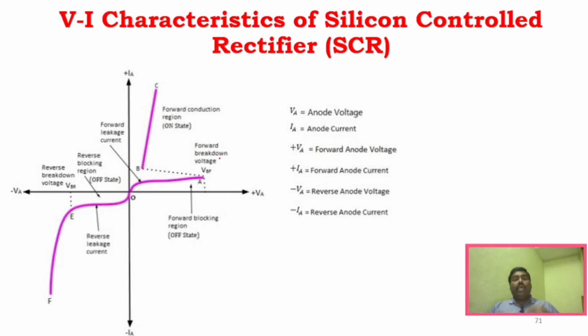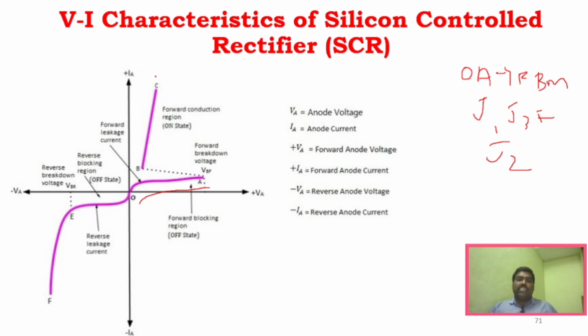How to explain it? You take this 0 and A. 0 to A is considered the forward blocking mode. In forward blocking mode, what will happen? Junctions J1 and J3 are forward biased. J2 is reverse biased. You will explain that, right?